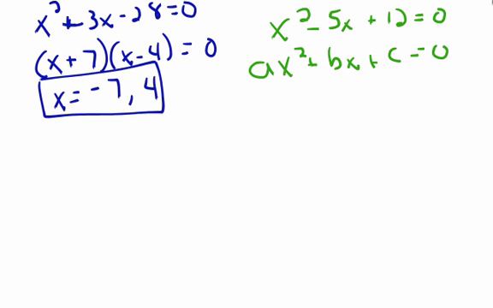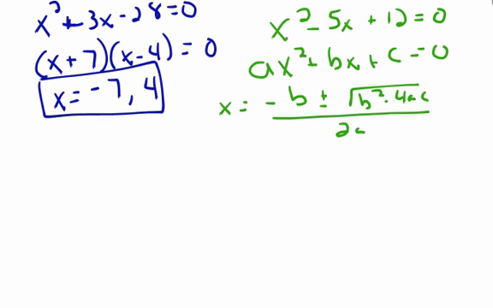We plug it into the quadratic formula. And x equals negative b plus or minus the square root of b squared minus 4 times a times c, all over 2a.